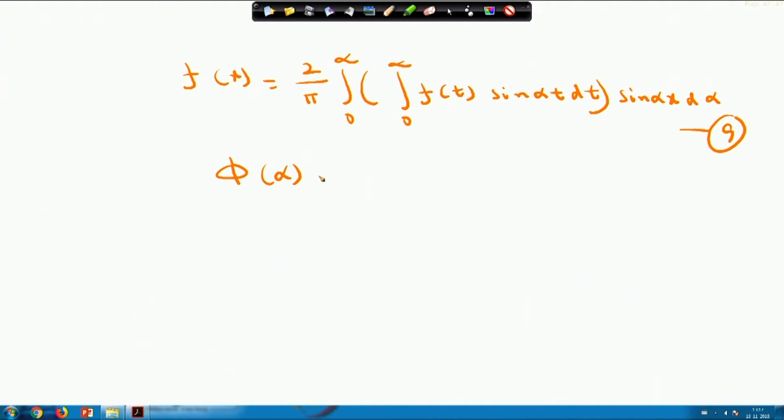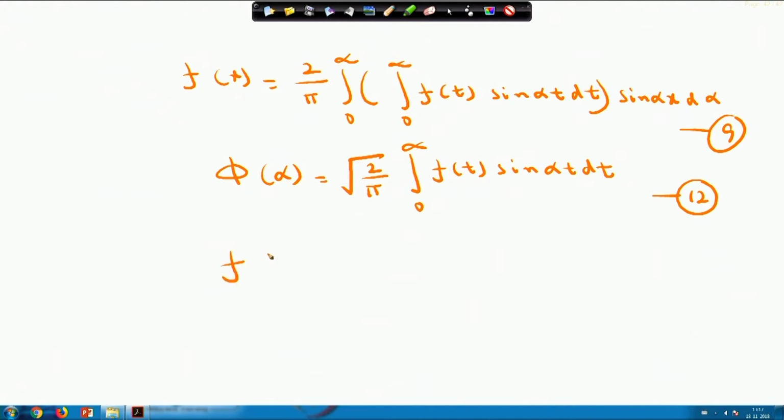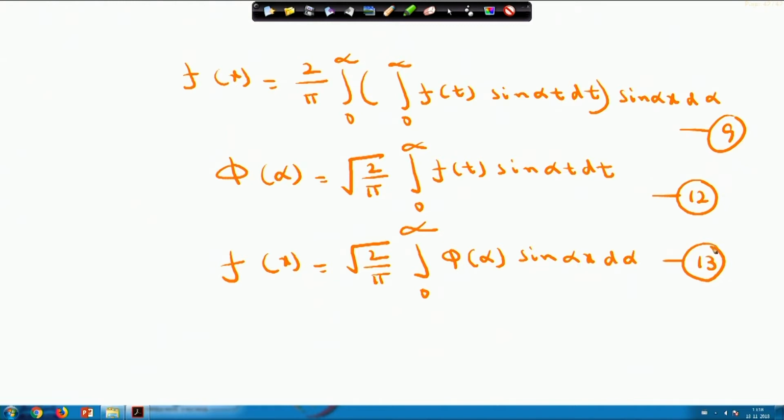Say phi of alpha equals root over 2 by pi, integral from 0 to infinity of f(t) sin(alpha t) dt. We are setting this integral equal to phi(alpha), which will be a function of alpha after integrating with respect to t. This will be equation 12, and in that case f(x) will be root over 2 by pi, integral from 0 to infinity of phi(alpha) sin(alpha x) d alpha. This will be equation 13.